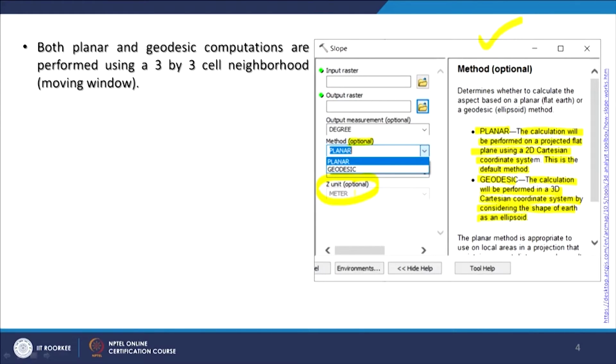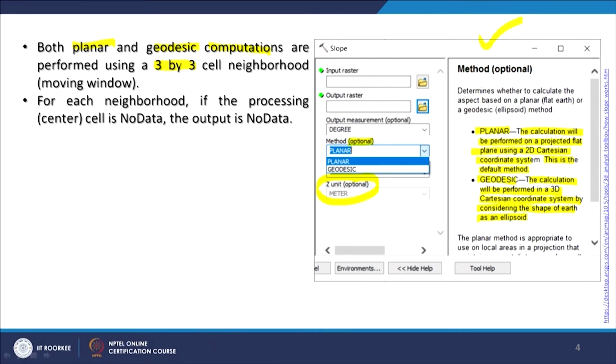Both these methods, planar and geodesic computations, are performed using the same 3 by 3 moving window or kernel, for each neighborhood, that is, the remaining 8 cells. So, the total number of cells involved is 9, but if I exclude the center cell, then it is 8 neighbors.